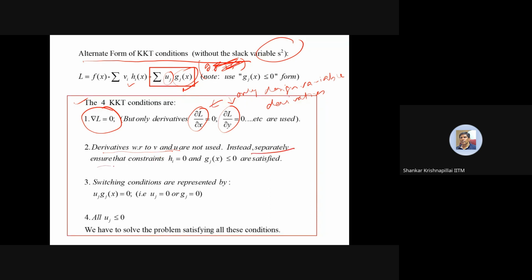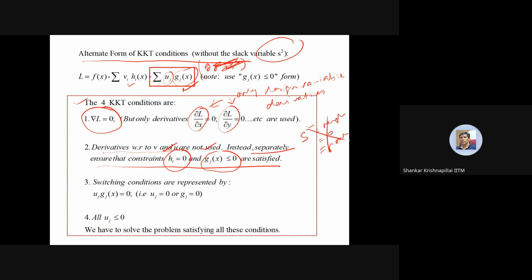Instead, you have to separately ensure that the constraint h_i equal to 0 and g_j of x is less than or equal to 0 is satisfied. So you have to substitute the x, y value in these two equations and check that these constraints are satisfied. There is no need to find S squared and then check if S squared is negative, 0, or positive.